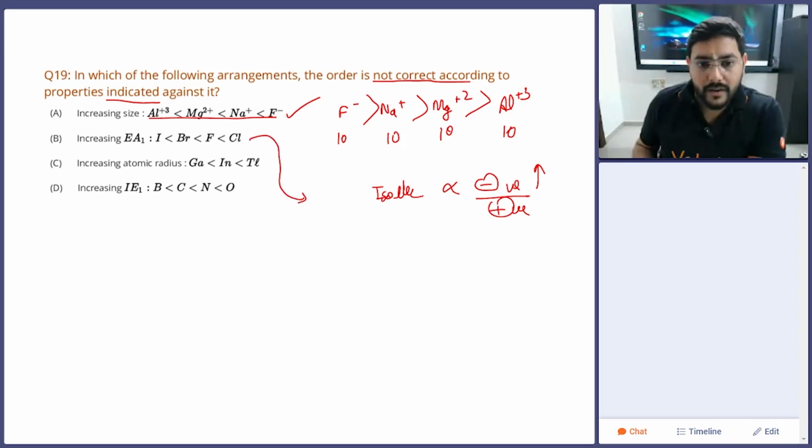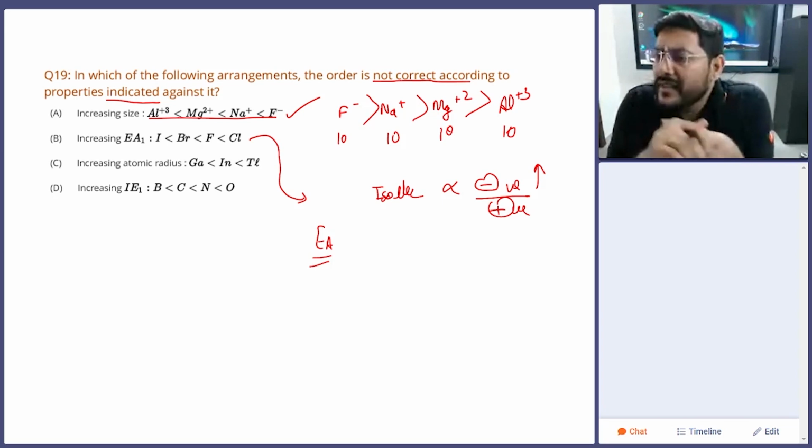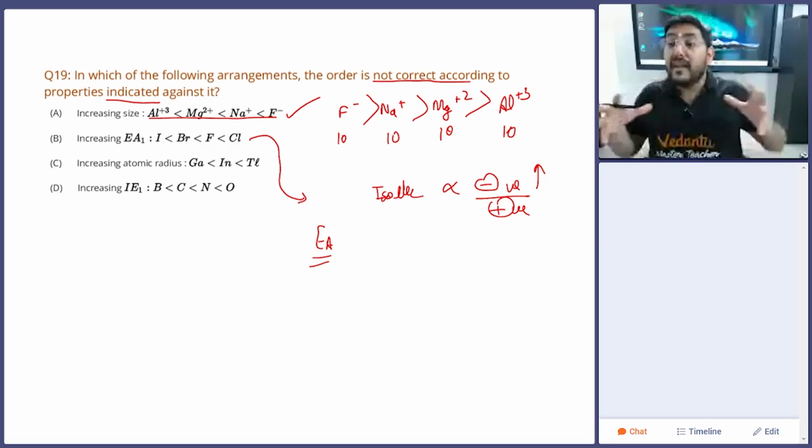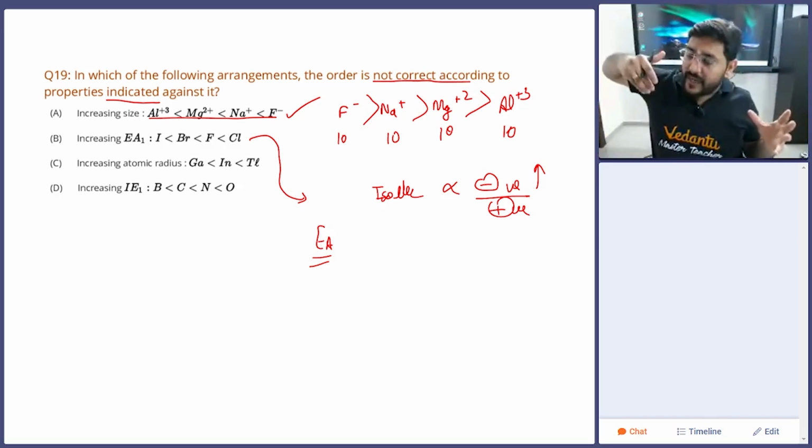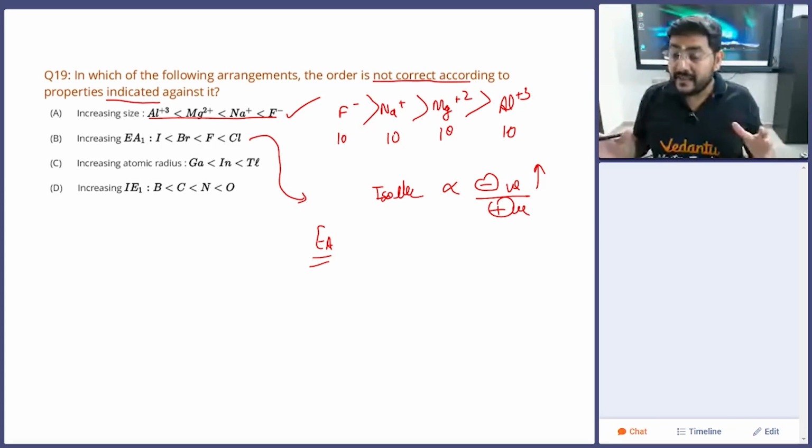Now, electron affinity order. We generally say that electron affinity is inversely proportional to size, but the third period element has higher electron affinity than the second period element. Why? Because chlorine has a larger size, so it can accommodate the incoming extra electron easily, so there will be less inter-electronic repulsion.